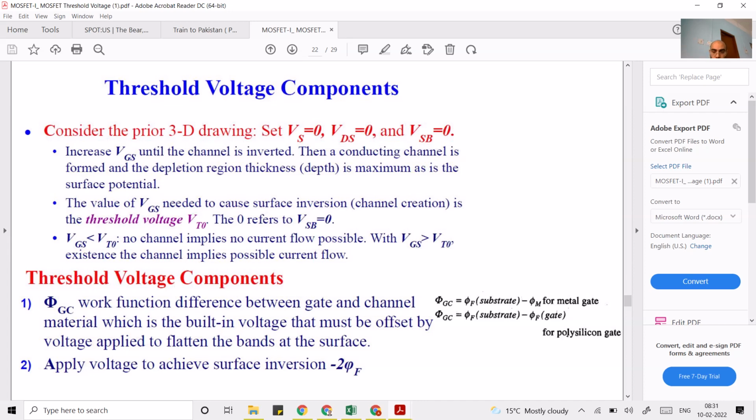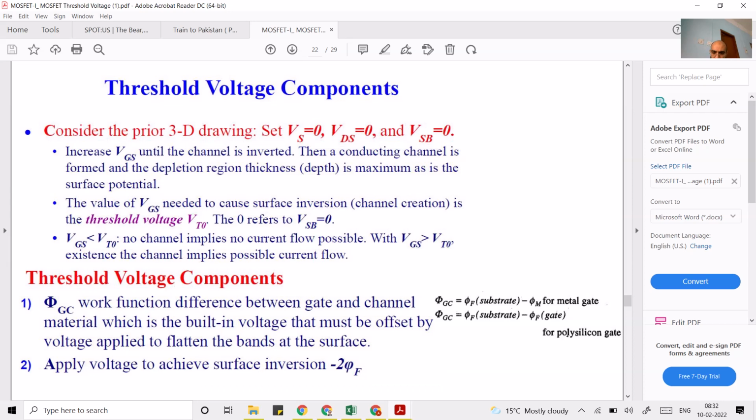So you should know the work function of whatever metal you are using, and of whichever type of material you are using in the substrate. If you take the difference of these two, we get this particular phi GC.